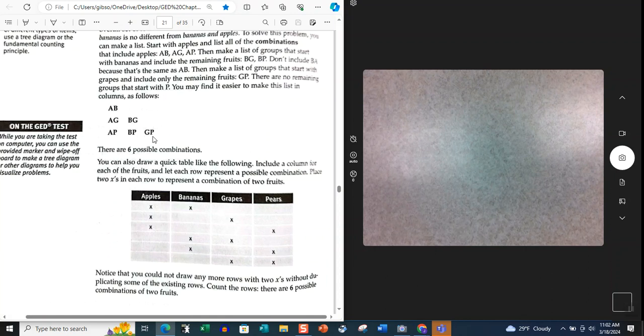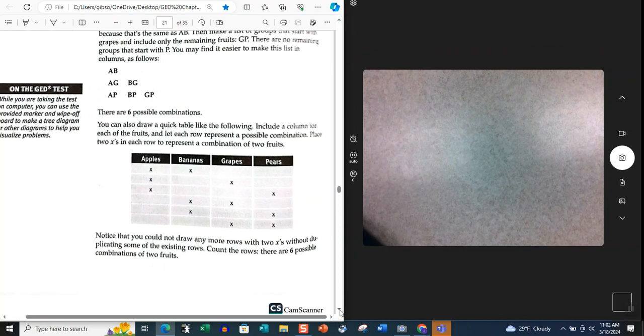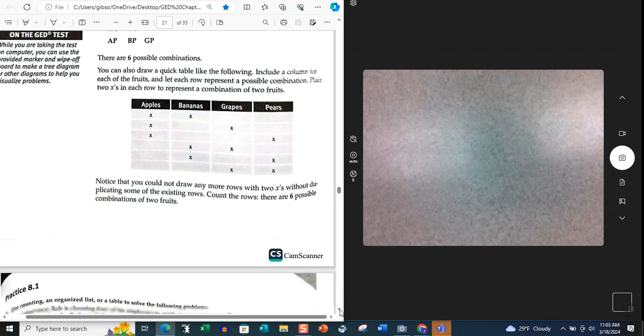Include a column for each of the fruits and let each row represent a possible combination. Place 2 X's in each row to represent a combination of 2 fruits. Notice that you cannot draw any more rows with 2 X's without duplicating some of the existing rows. Count the rows. There are 6 possible combinations of 2 fruits.